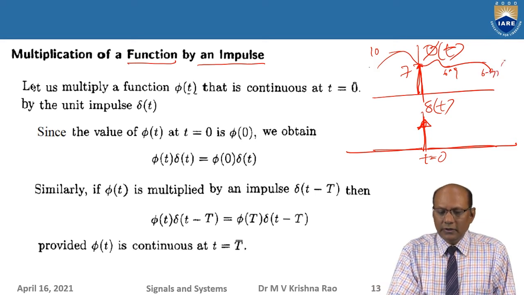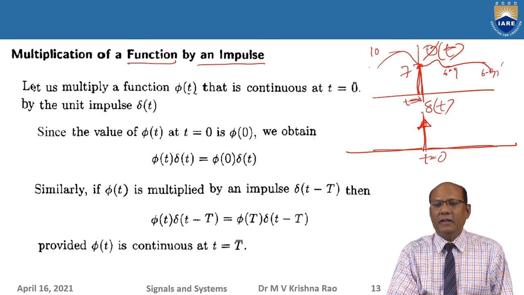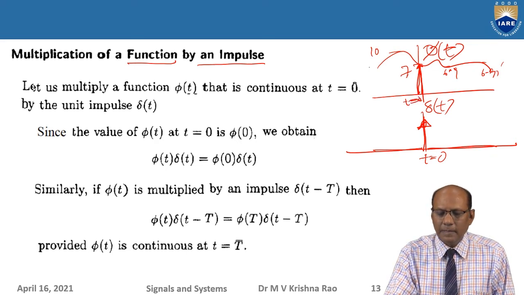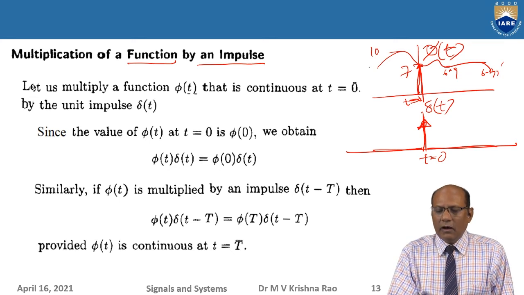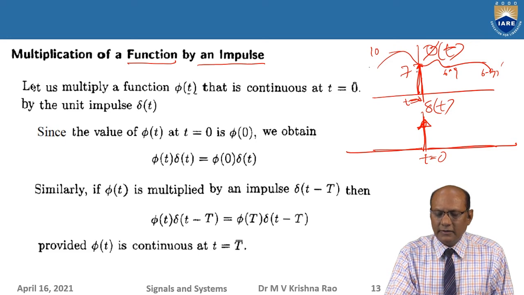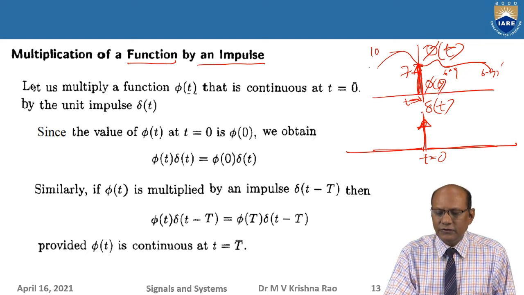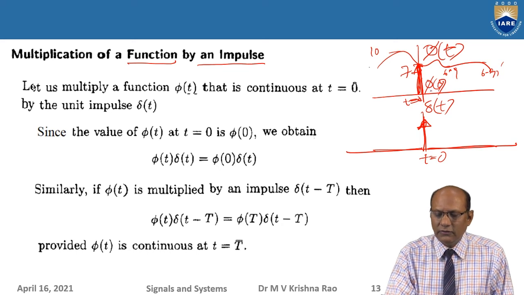At t equal to 0, the given function phi of t has a value of 7. At t equal to 0, this single value is nothing but phi of 0. I can write it as phi of 0.